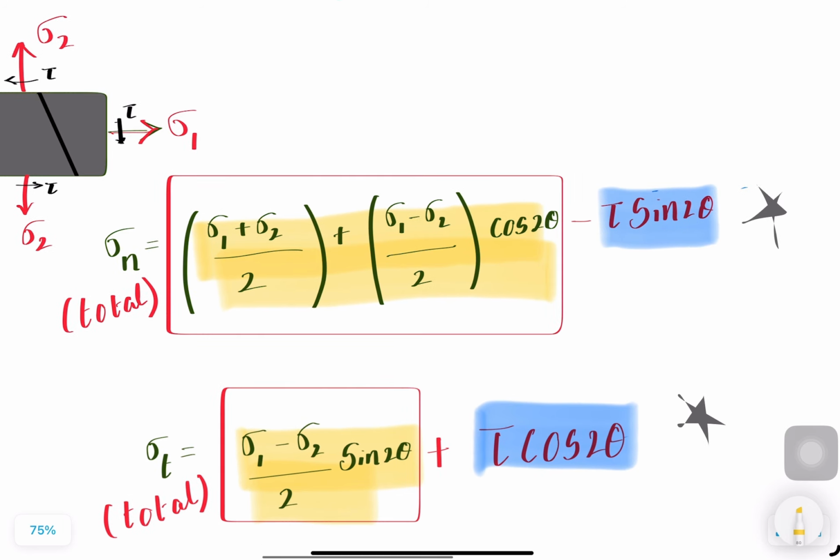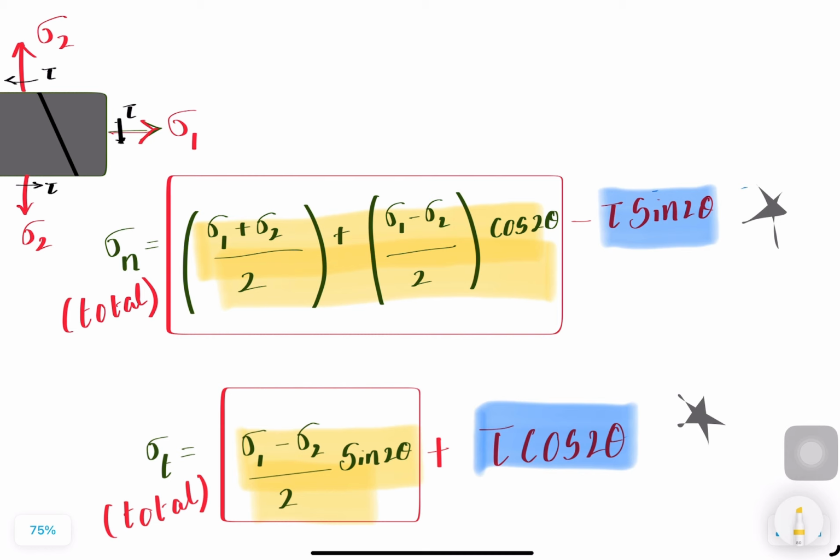Okay, and you can see the top expression there. You can see the yellow highlighted region, and you could also see the blue highlighted region. The yellow highlighted region indicates the contribution of the normal stress acting on this rectangular member.